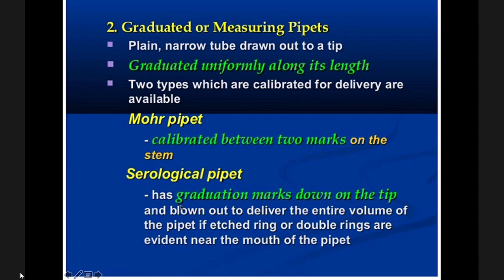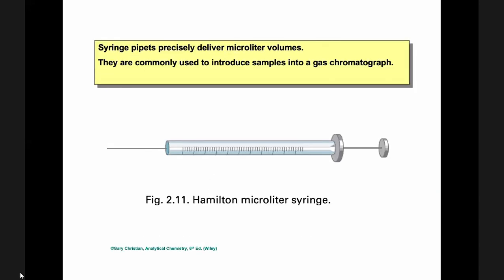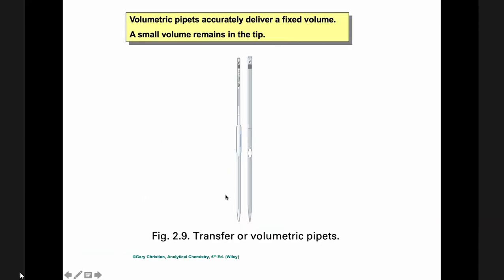Okay, so ang serological pipette has graduation marks down on the tip and blown out to deliver the entire volume. So hindi siya dapat na may bilin siya sa tip, no? Unlike the other one, yung Mohr pipette, ang may ara siya volume nga nag-remain sa tip, no?